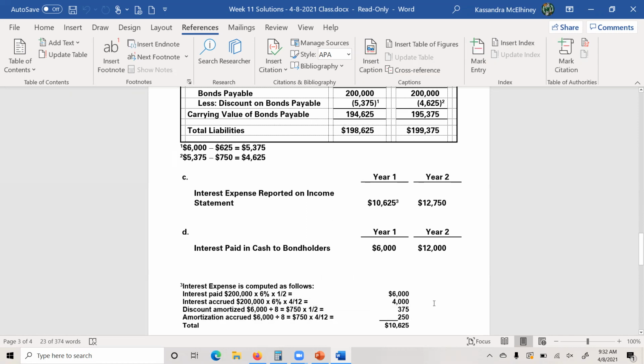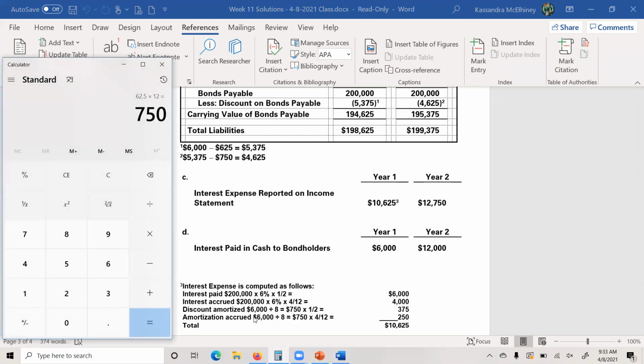So between the two, we are decreasing our discount on bonds payable by 10 months' worth of amortization. Again, that amortization rate was $6,000 divided by 8-year maturity divided by 12 months.